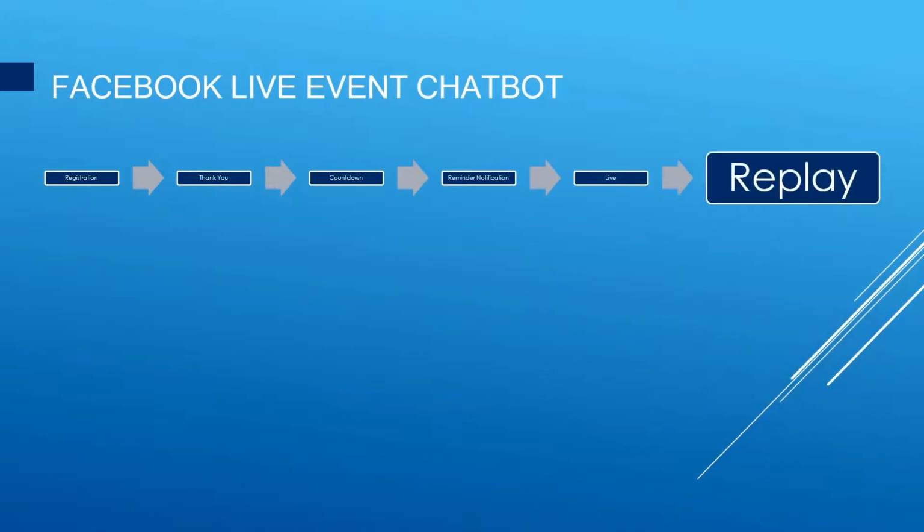Next is the replay bot. This will send out the replay to all those who previously engaged with your Messenger chatbot. This will give you an idea that this specific person is interested in your product or in what you have talked about on your online webinar or masterclass.